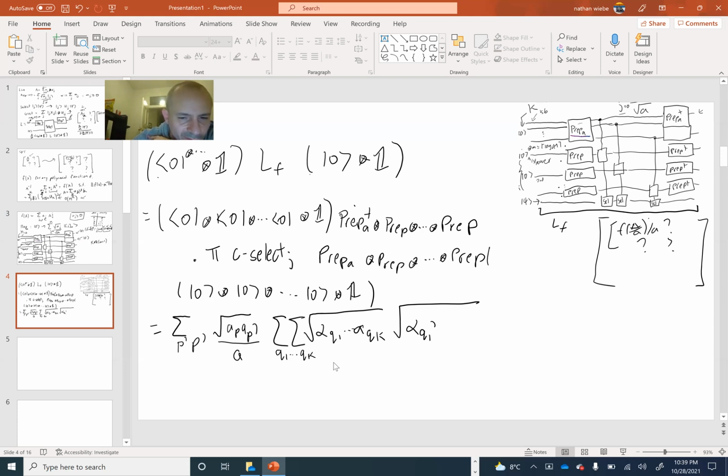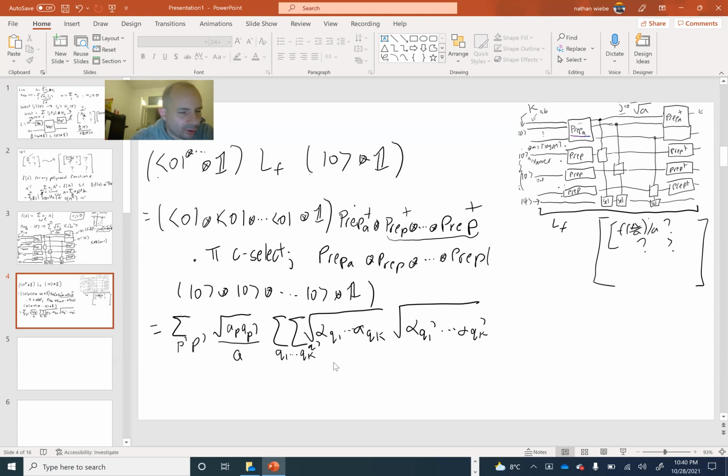I guess I'm going to need the sum over Q prime as well, through alpha QK prime. Again, these are from these sequences acting to the left and to the right. Oh, and these should be daggered. Okay, so we've got that. And now we've worked out all the coefficients. We just need to be able to apply the states.